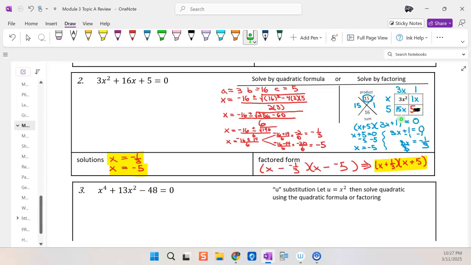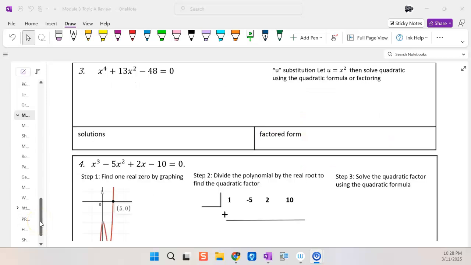So then these two terms here give me what my factors are. x plus 5 is one, and 3x plus 1 is the other. Then I set each one of those equal to 0, and I solve it. And I get the roots, -5 and -1/3, just like I did over here. So it's just another way of doing it.